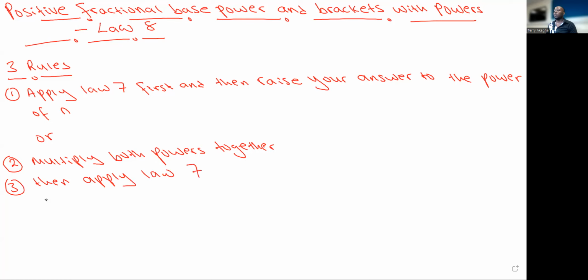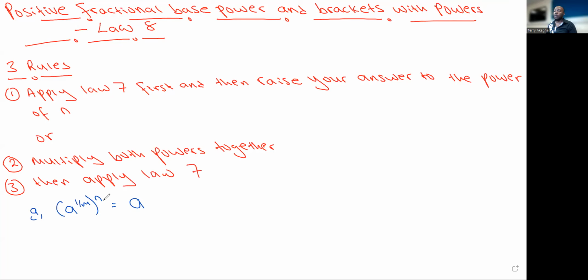So for example, let's pick this one. Let's say we have a to the power 1 over m, all raised to power n. What you can do is multiply the powers first, so it's going to give you a^(n/m).